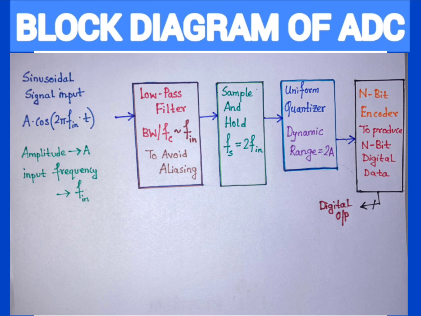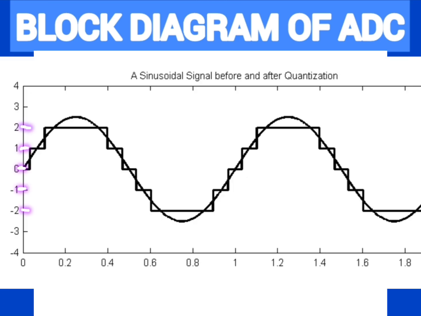Since this is an ADC, it will produce only zeros and ones. How are we going to present it? That can only be done with encoding. You have a decimal code like 1 to 8, which you have to convert into, say, 3-bit binary data. That is done with an n-bit encoder. The output of the quantizer is always a quantized value.